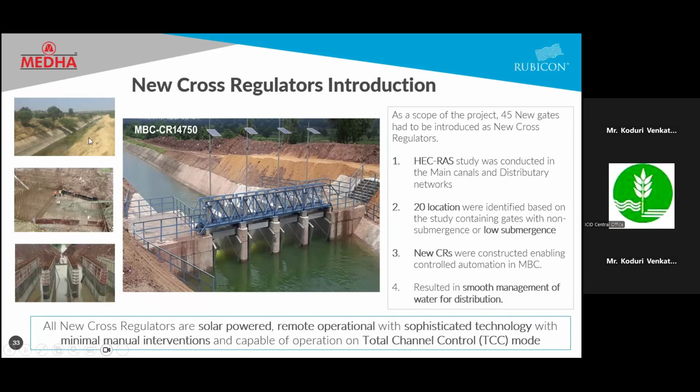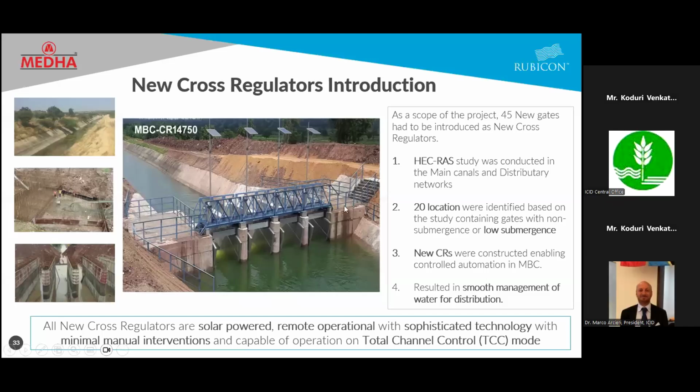The same thing was identified with the Hecker study, that there are gates in the upstream which are lacking submergence because of the non-contiguous pool that is not getting created at this particular level during the Varavani period. As a result, that particular place was excavated, a new structure was formed, and this is how the new structure now looks.